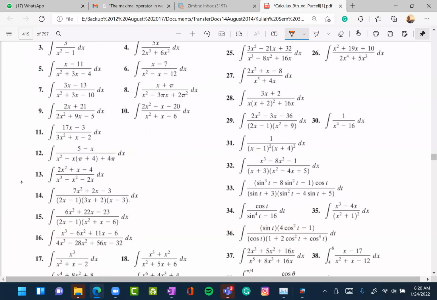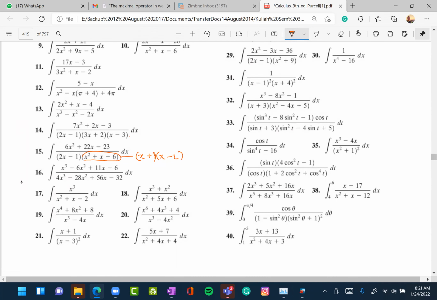This is, let's see, can we? Yes, we can. This is also distinct linear factors, because this we can factor as plus 3, minus 2. So 3 distinct factors.